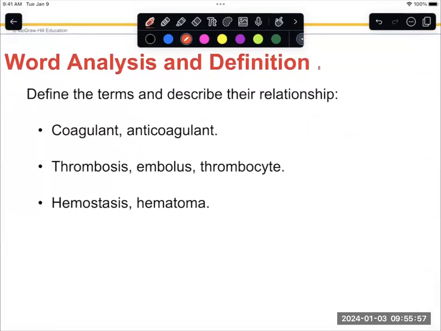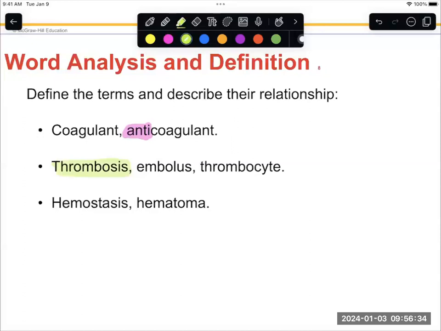So coagulant is a substance that causes clotting, while an anticoagulant prevents clotting. So that difference is that anti is going to prevent that clotting, that coagulant. Thrombosis is specifically that clot formation. Embolus, as we mentioned, is that detached piece of that thrombus.